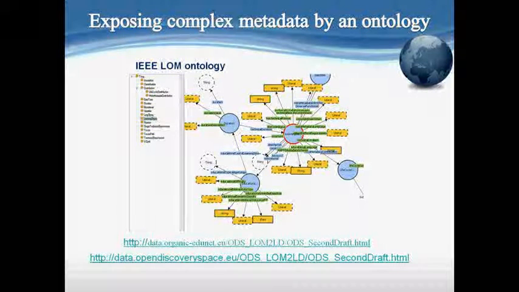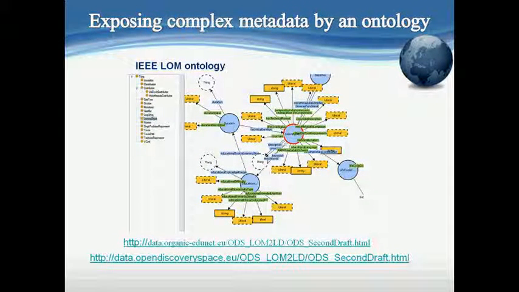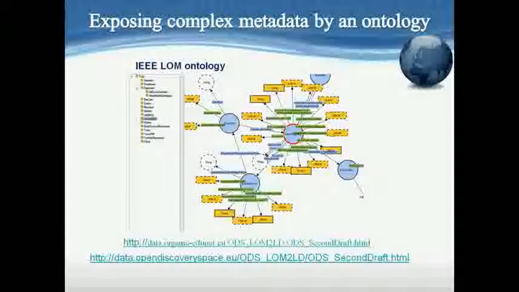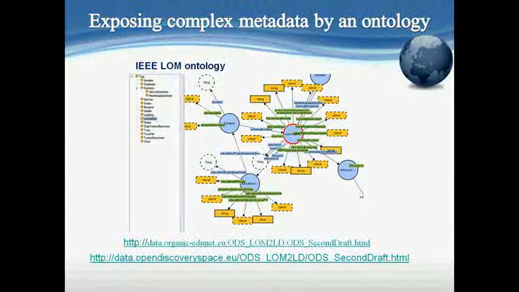For example, IEEE LOM uses some classification, and in these classifications the elements are represented in hierarchical levels. So we created an ontology for IEEE LOM, and we used this ontology in several implementations, in Organic.Edunet, in Open Discovery Space projects, and the information available there.